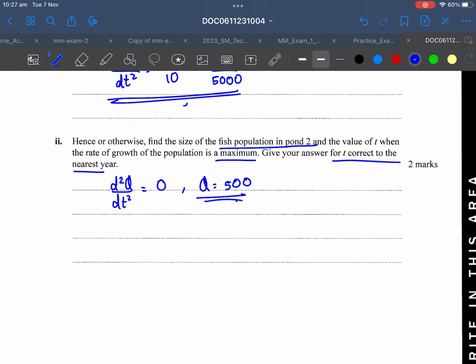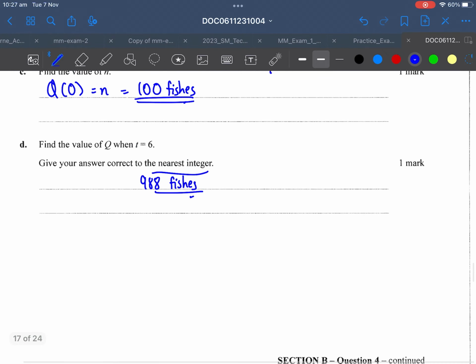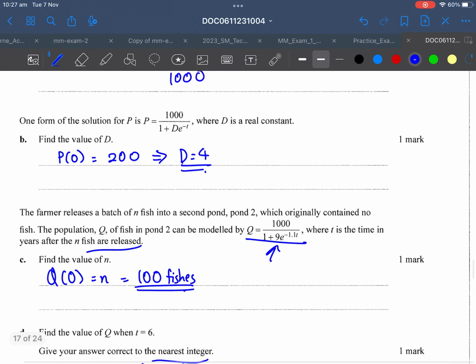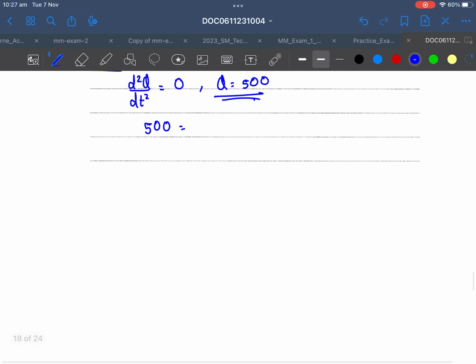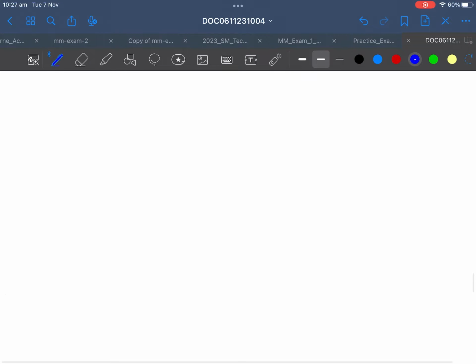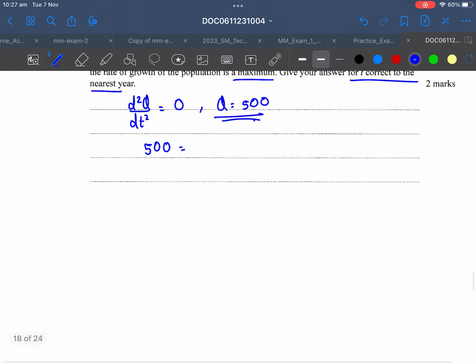So give your answer to the nearest year. So 500 equals 1000 on 1 plus 9e to the power of negative 1.1t. So therefore t equals 2 years.